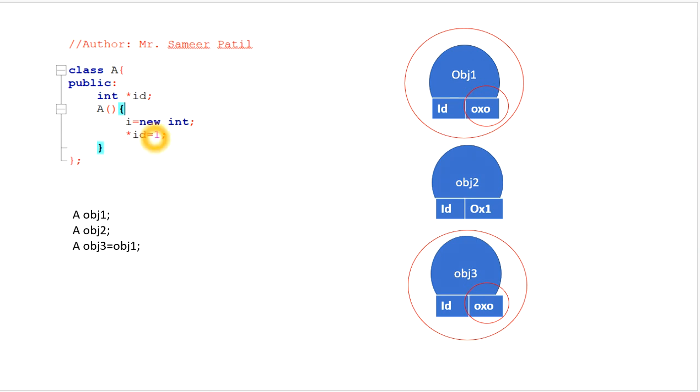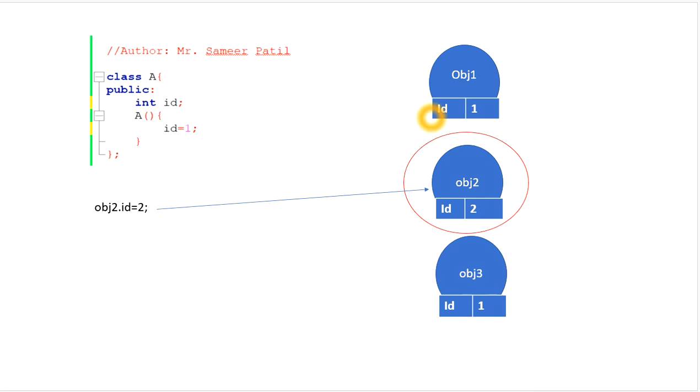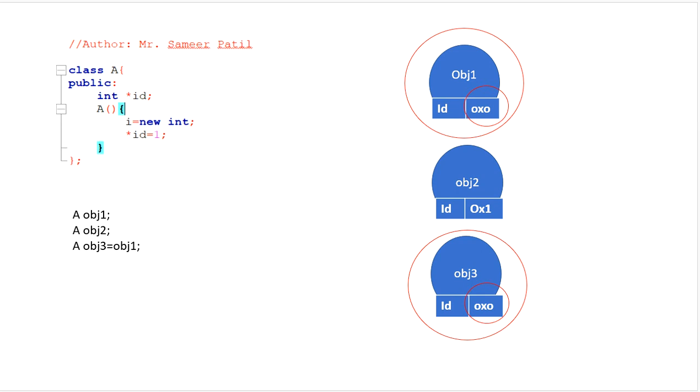This id variable is not a regular variable now. It's a pointer variable. So these variables are not going to keep a value as we were holding in the previous example, where the id variable held a value and not an address. But as we are creating this id variable with the star symbol, this variable is going to keep an address and not a value.